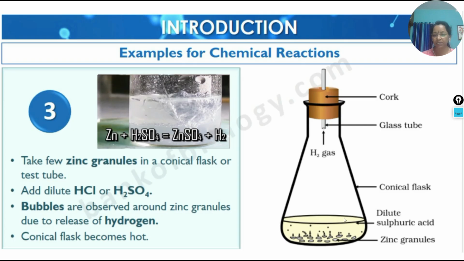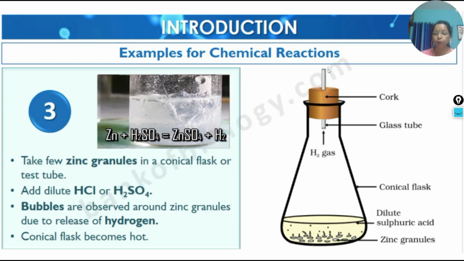When dilute sulfuric acid reacts with zinc granules, gas is evolved, and we can prove it if we bring a burning matchstick near the mouth of the test tube or the mouth of this glass tube. We can see that it catches fire, and a pop sound is heard.